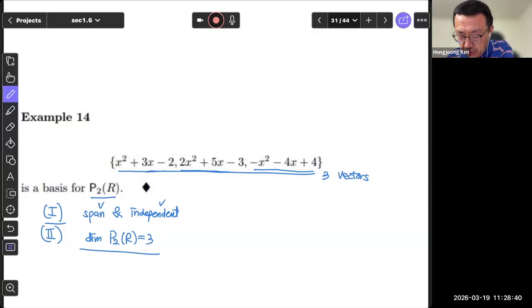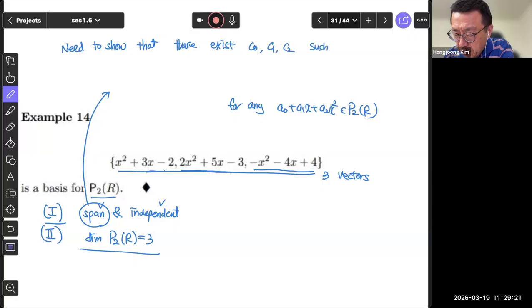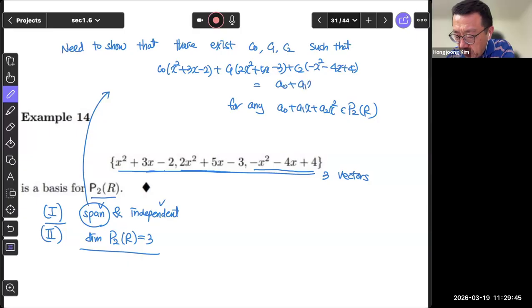So if you want to show that these vectors generate the whole space, then in that case, you need to show that for any polynomial in P2 space, there exist some numbers C naught, C1, C2 such that C naught times x squared plus 3x minus 2 plus C1 times 2x squared plus 5x minus 3 plus C2 times negative x squared minus 4x plus 4 will generate this arbitrary polynomial.